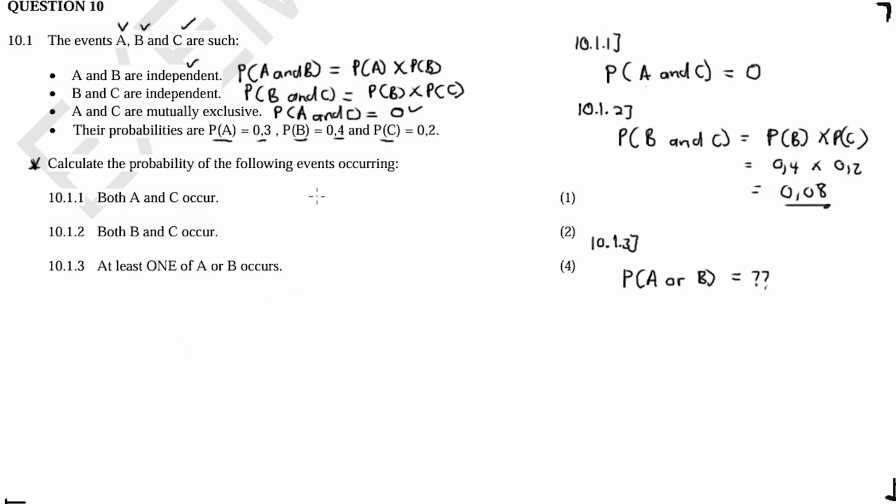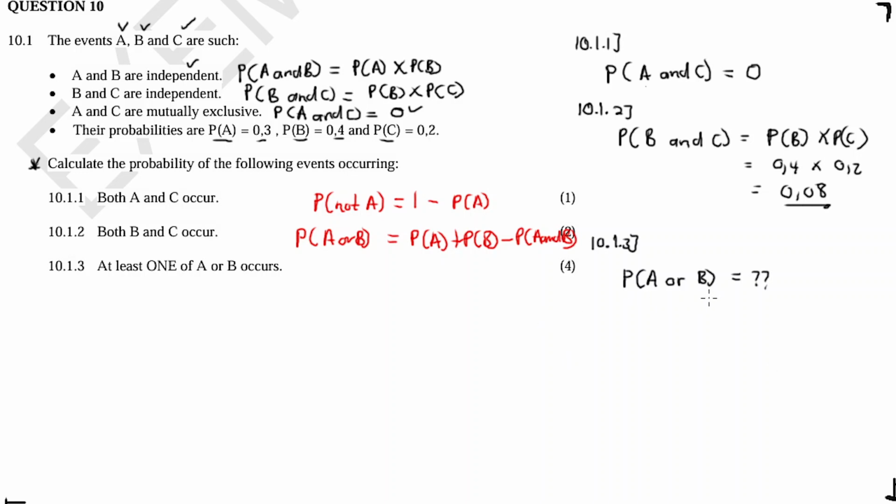The first one is: not A is equal to 1 minus the probability of A. Then we have the second one: A or B is equal to the probability of A plus the probability of B minus the probability of A and B. Here we go.